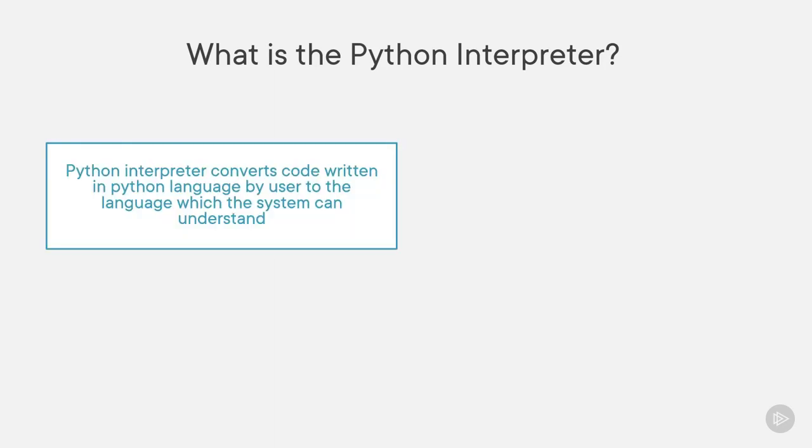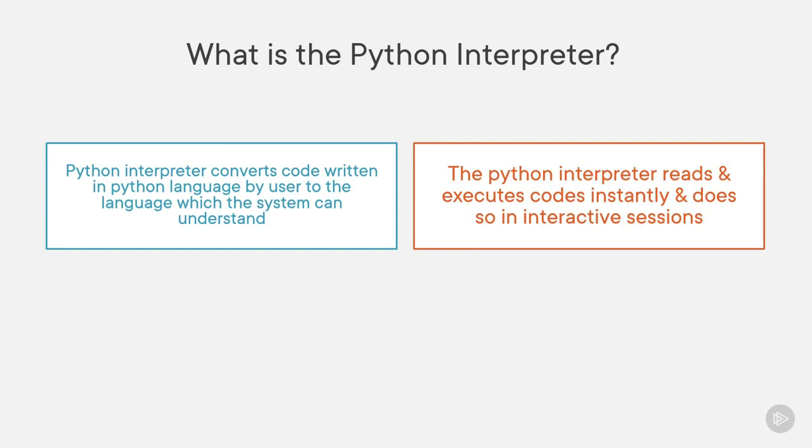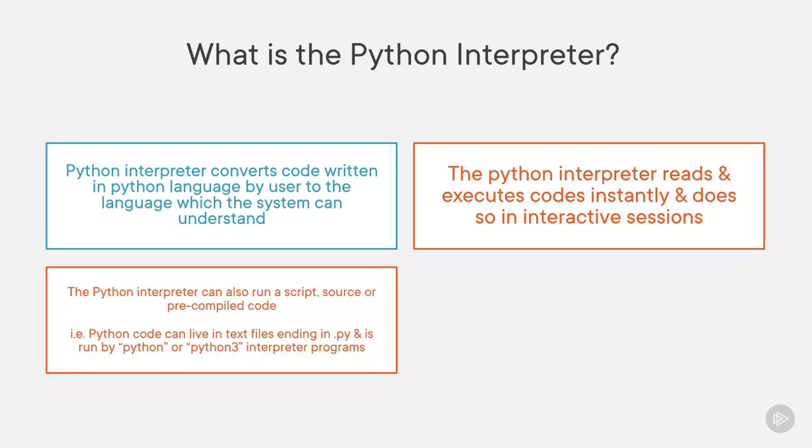It basically takes code that a user puts in the terminal in the Python language, and converts that into a language that the system can understand. Now, the Python interpreter is reading and executing your code instantly, and it does this in interactive sessions.